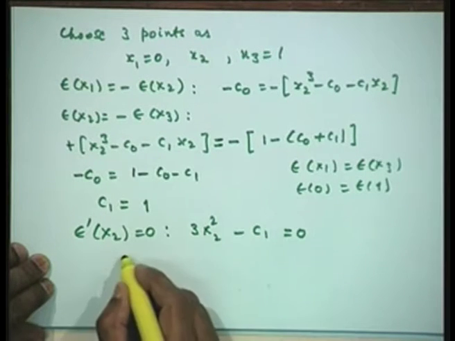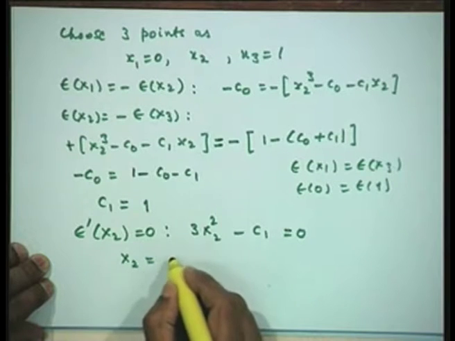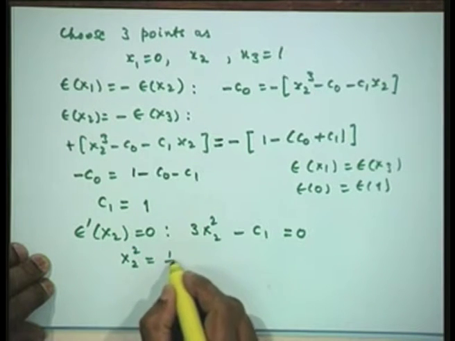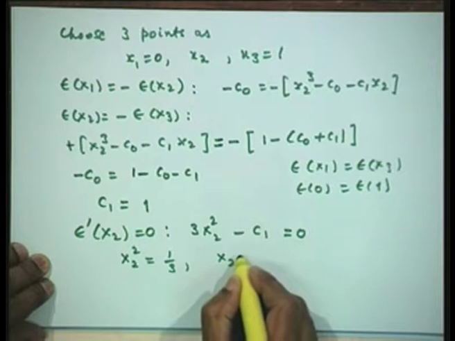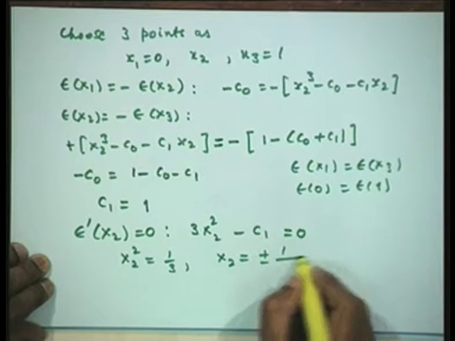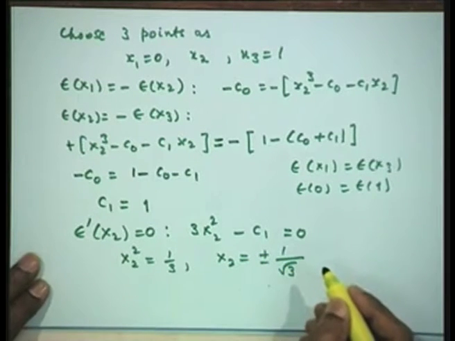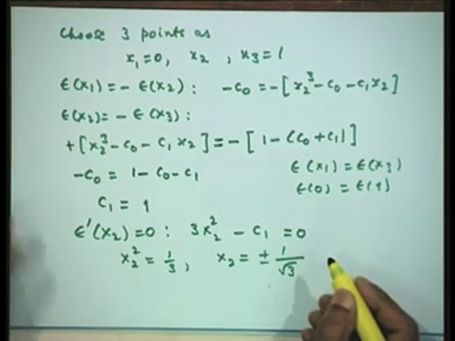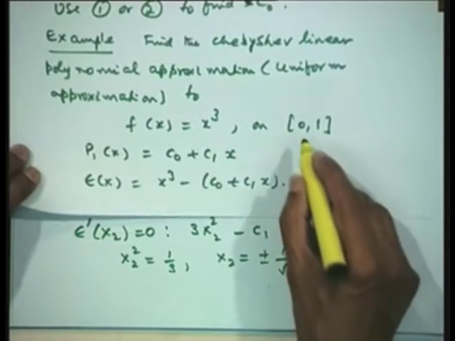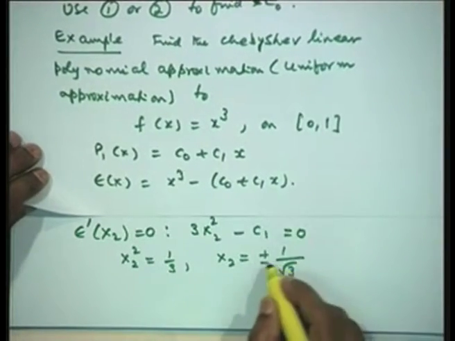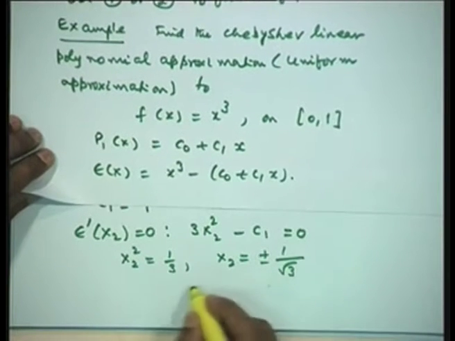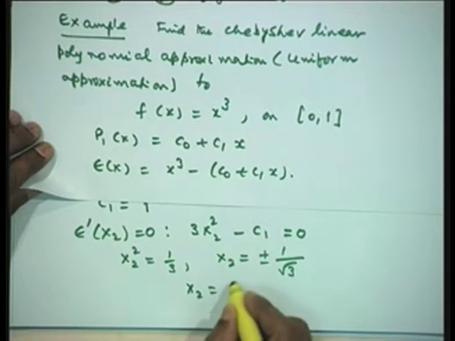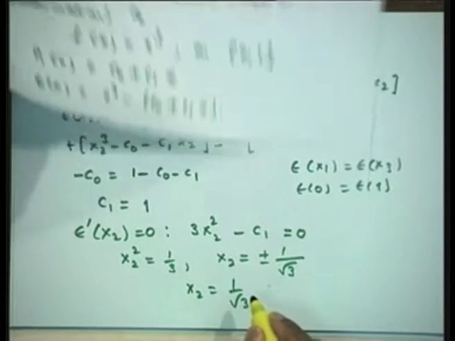So, let us take it to this side and write x 2 squared is 1 upon 3, x 2 is equal to plus minus 1 upon root 3, but we are in the interval 0 to 1. Therefore, I can throw away the value minus 1 upon root 3. Therefore, the required value of x 2 is 1 upon root 3.